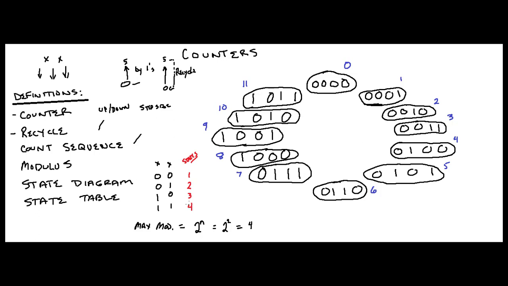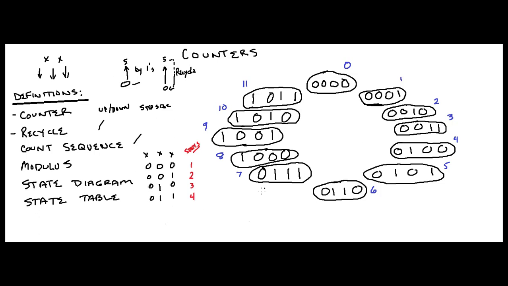Got it? Now, let's try this. Let's just add another bit there. Suppose we added a third bit here. With this new bit that was just added, let's finish writing the number of states.